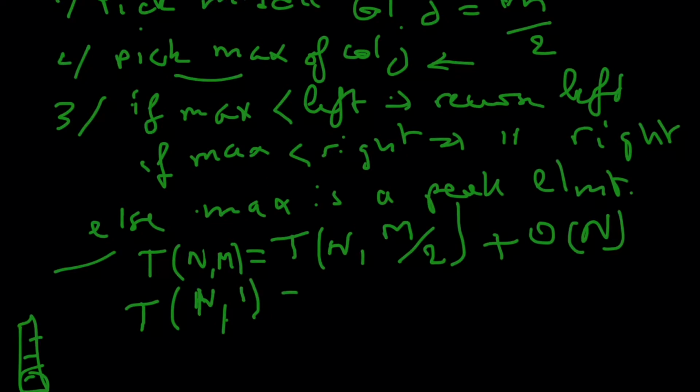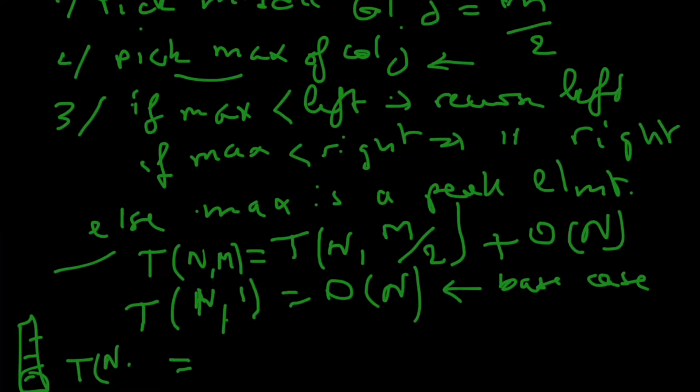So this would be just picking the max, which is O of n. Okay, so this is the base case of our analysis here. So that means that T of n, m is O of n.